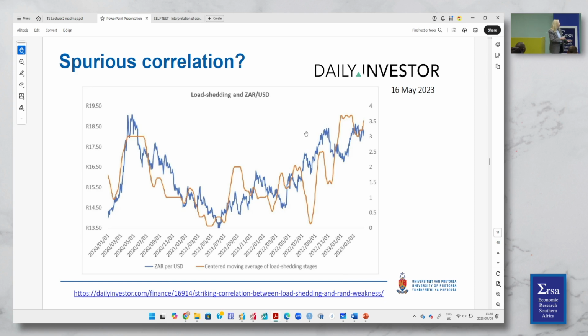And if they use moving averages of all of those stages, the more load shedding we had, the weaker the currency. So here was some improvement, and then more load shedding again, and weaker currency. Do those things have anything in common? Or can we say that all that load shedding weakened our currency?